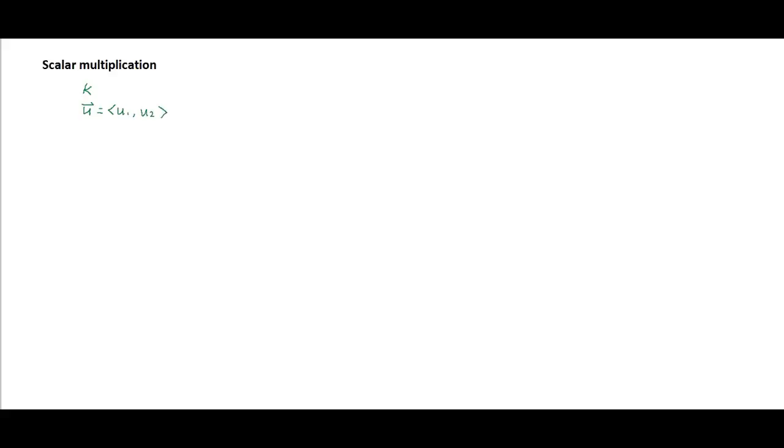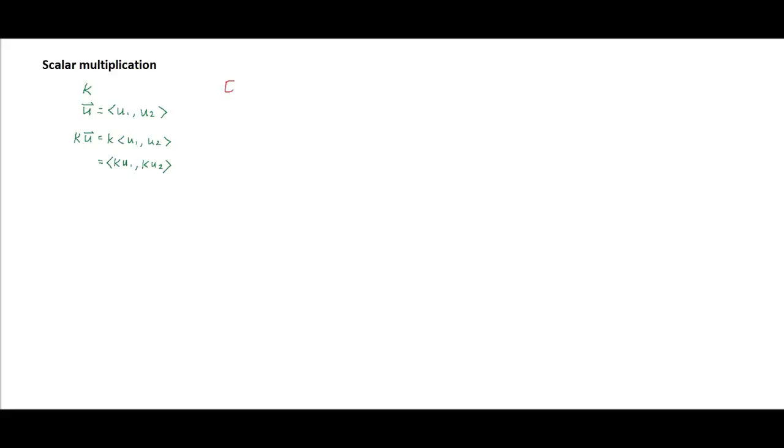So this is a two-dimensional vector. And for this, the scalar multiplication k times u is going to be defined by k multiplied by (u1, u2). So we are going to multiply each component by k. So the definition of scalar multiplication in terms of components is going to be like this.